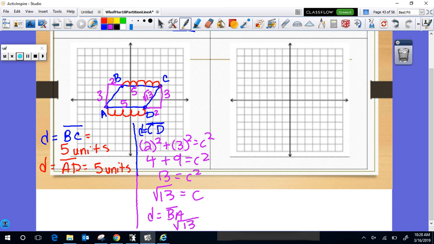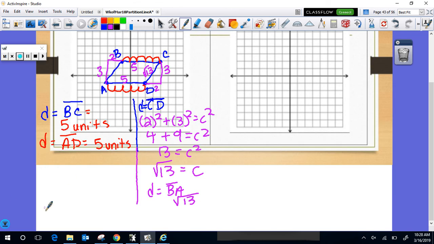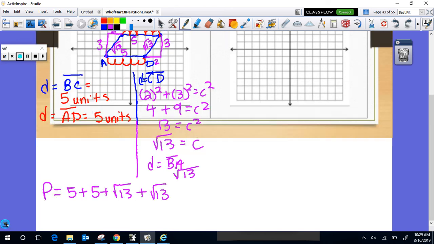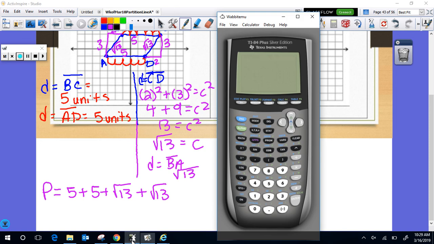So now to find the perimeter, P equals all of these sides added together. So 5 plus 5 plus the square root of 13 plus the square root of 13. Let's go knock that math out. So we get 10 plus 2 times the square root of 13.